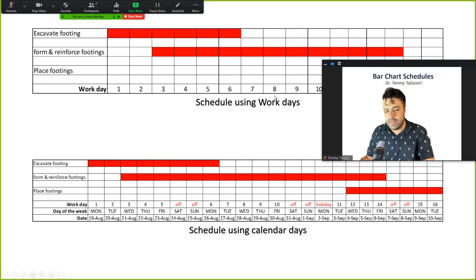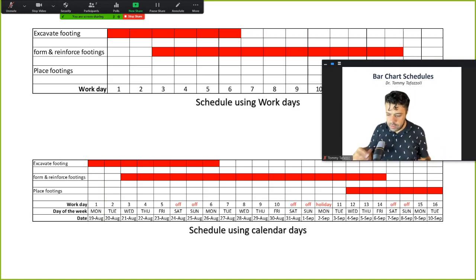What is the disadvantage? What's the negative point of working with only work days? The negative thing is that some of the activities have to continue on a weekend or on a holiday, no matter what. And when you're using work days, it's difficult to show those activities.